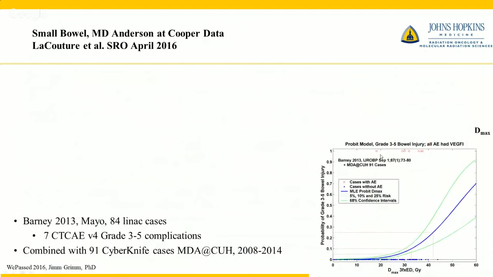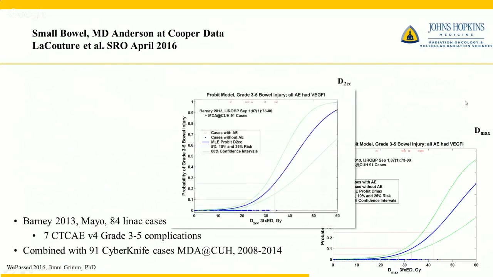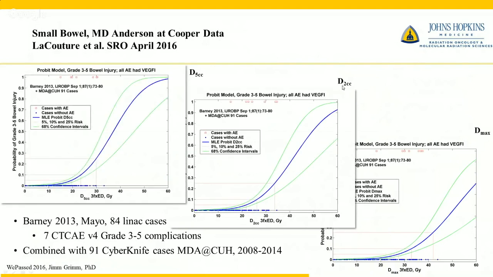And there was a journal publication from Mayo Clinic that had 7 complications, and they were kind enough to identify which of their cases had the complications and which ones didn't, and gave the dose distribution for each of them. So we combined that with our own data also. So here's Dmax, and we did the same thing for 2 cc and for 5 cc to get the dose response models for each.